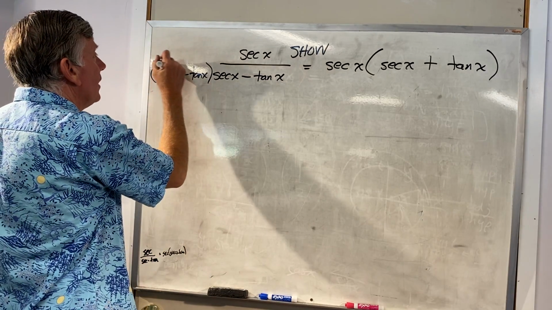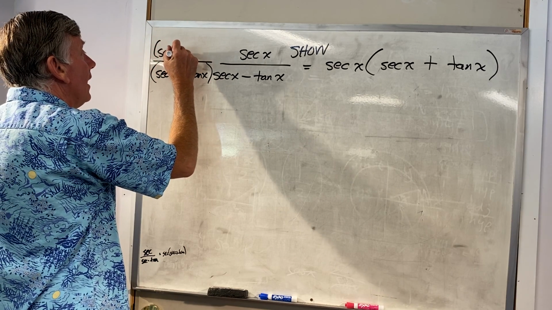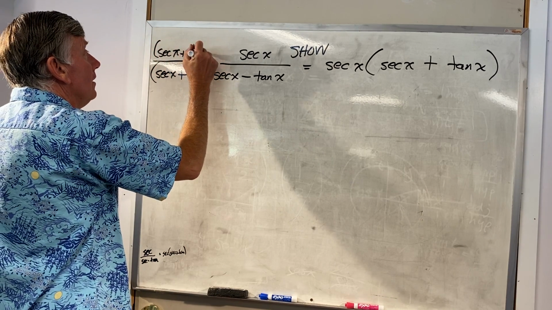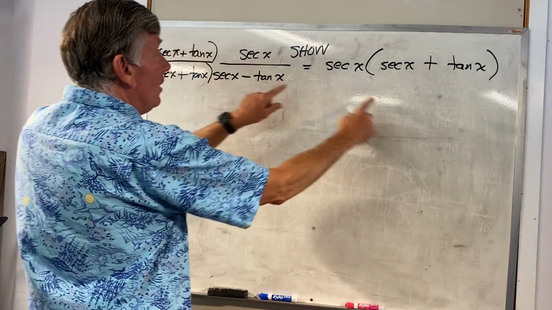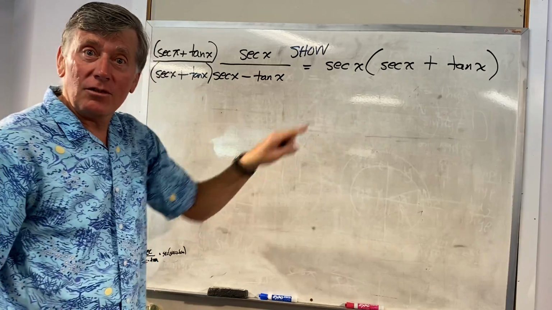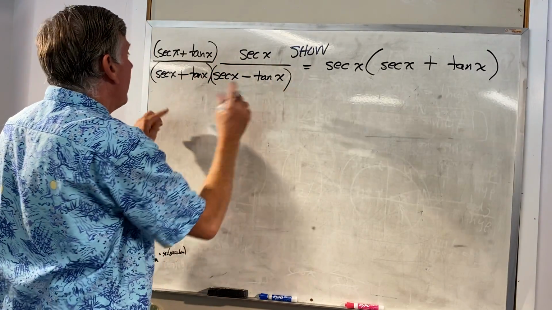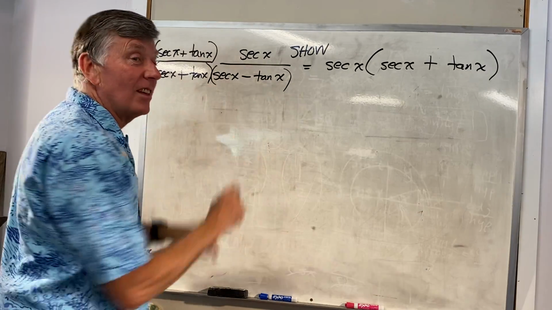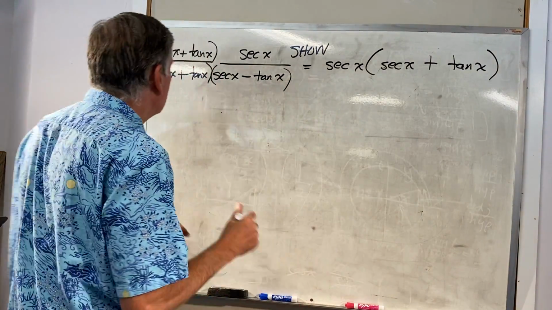But of course, if I do that on the bottom, I have to do it on the top, and I get secant of x plus tangent of x times the secant of x, which is what I'm going to get here. So really my problem now comes to be that I need to show that this times this is equal to 1. So I'm going to do that.